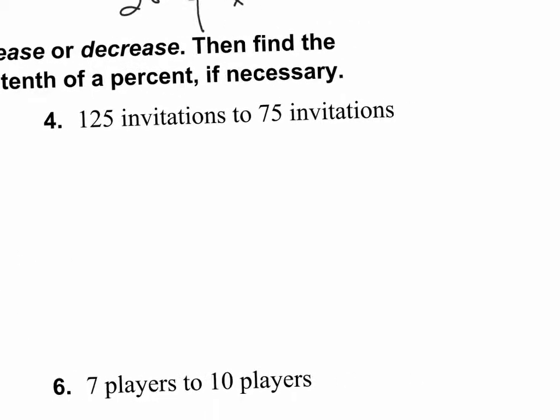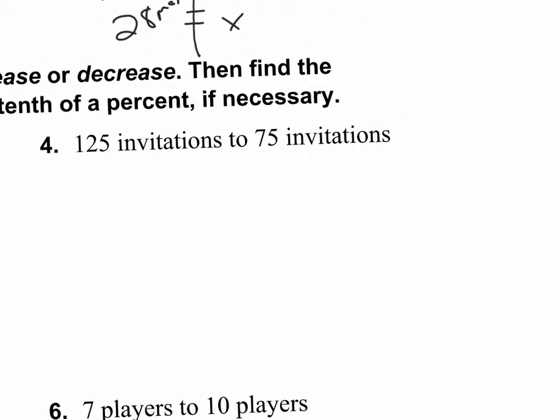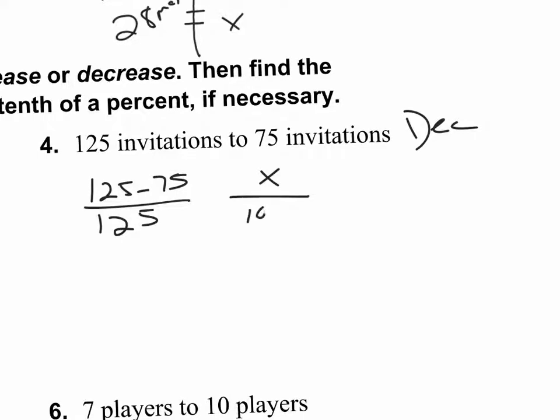Okay, moving on. Now we have 125 to 75, so that's going to be a decrease. So we go 125 minus 75 on top. The original was 125, so we keep that on bottom. And then we have x over 100. Okay, and 125 minus 75 is 50, so I have 50 over 125 is equal to x over 100.